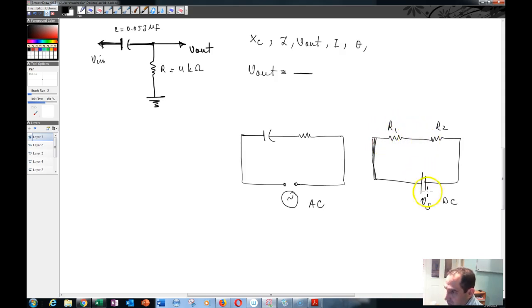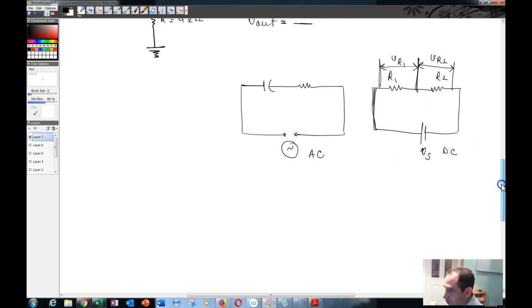Whenever you have these two resistors across a power supply, you will have some voltage drop across these two resistors. You will have, for example, V of R1 and some voltage drop across these 2 points, which is V of R2.